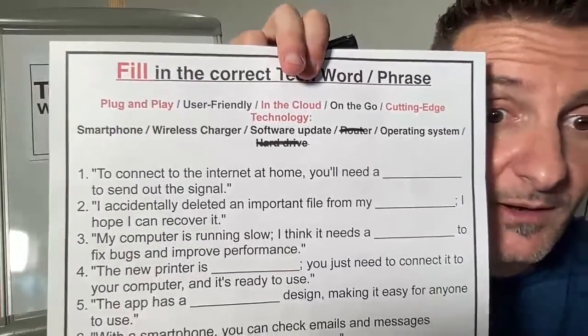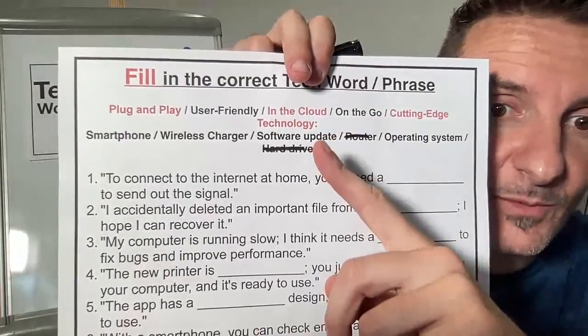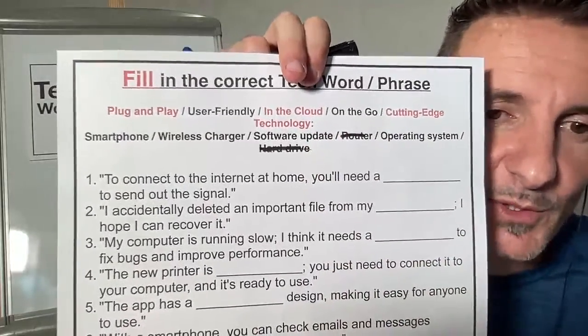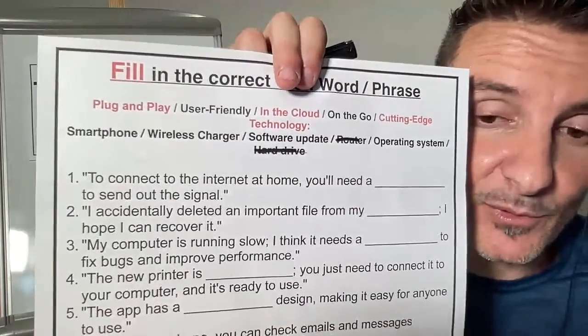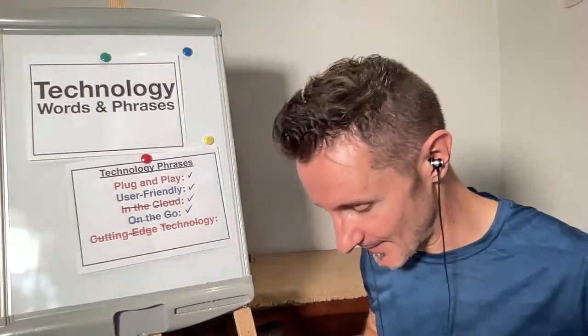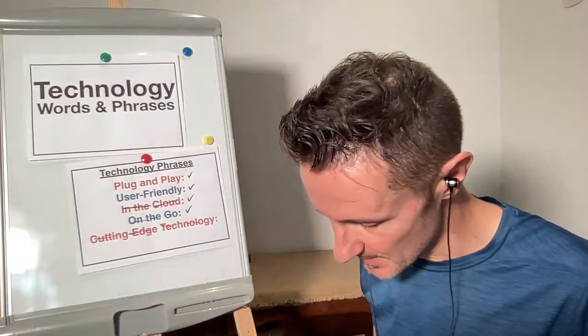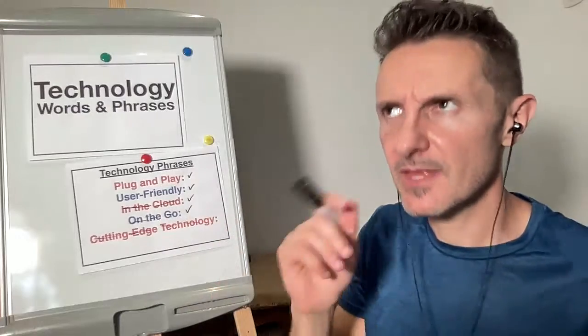I need a software update. So my computer is running slow. I think it needs a software update to fix bugs and improve performance. Okay, cross out software update because we're finished with that word. Sorry, that phrase. No, that is a word, not a phrase. Sorry, with that word. Okay, good.